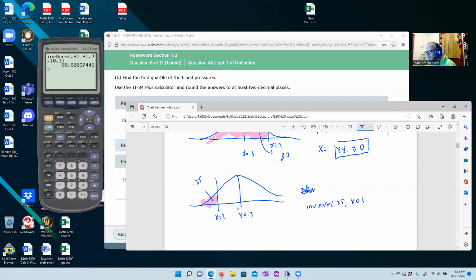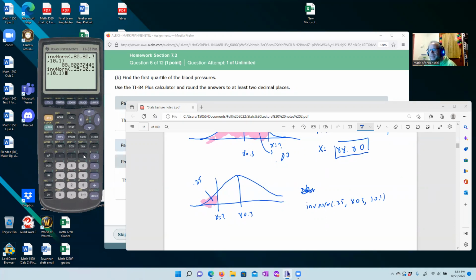It's 80.3, and our standard deviation is 10.1. So we're just going to type that in. Second function, distribution, inverse norm. What probability? 0.25, comma, 80.3, and a standard deviation of 10.1.